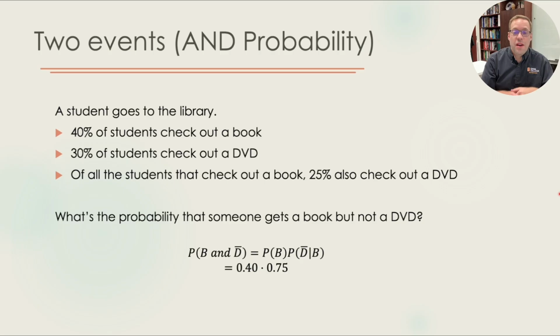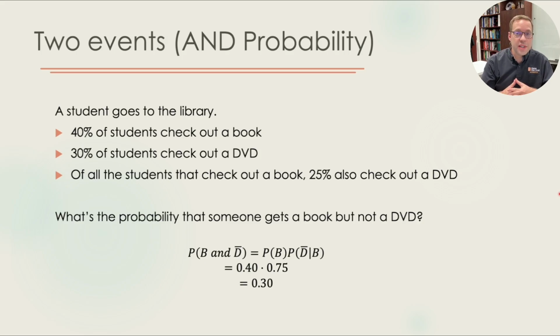All right, so we know that the probability of getting a book is 40%, and the probability of not checking out a DVD, given that they checked out a book, is 75%. Multiply those two together. The probability of getting a book and not a DVD is 30%.